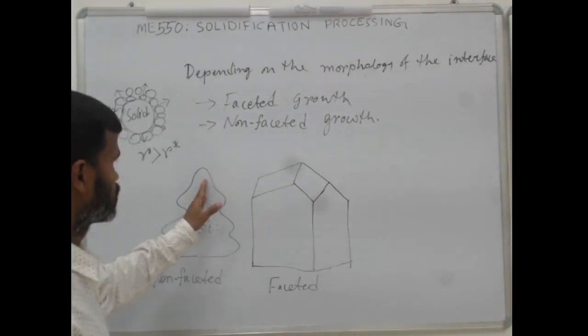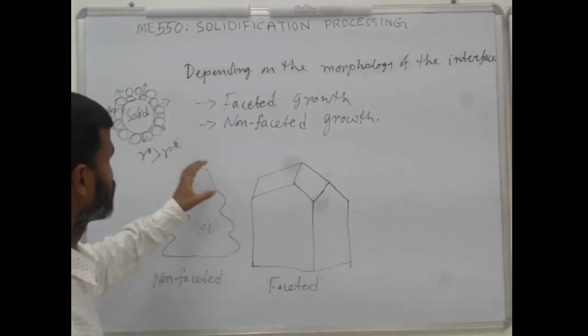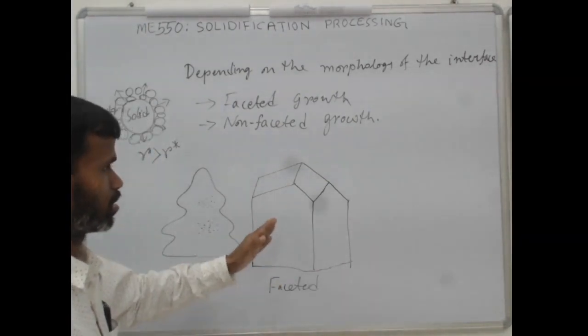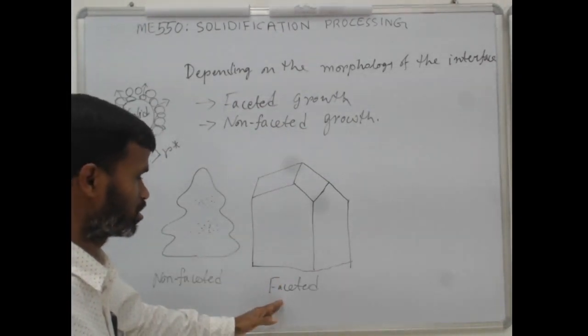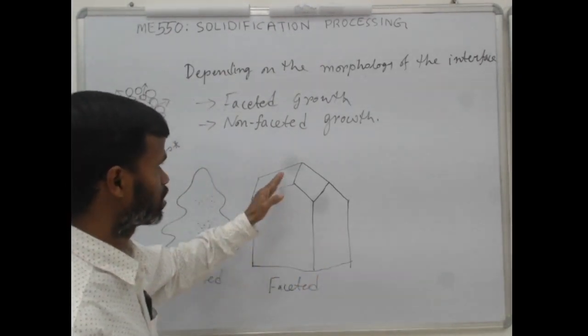Non-faceted means the growth is isotropic in nature, it can grow in all directions almost equally. Faceted means the growth is preferential, on particular planes.